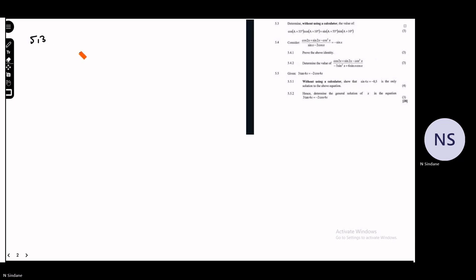We're told that cos of A plus 55 multiply by cos of A plus 10, right, plus sine of A plus 55, then multiply, this is sine of A plus 10.